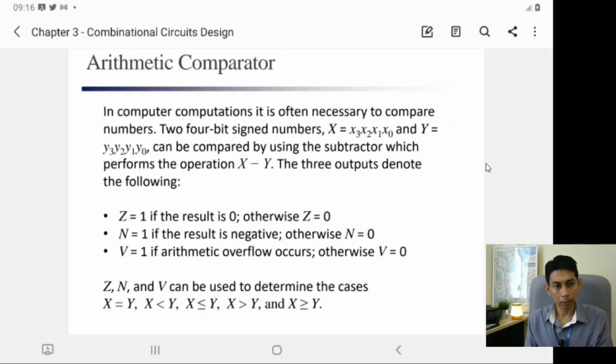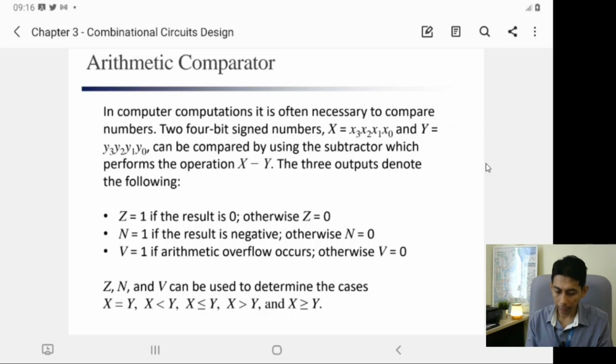Alright. So to compare positive and negative numbers, what is used in computers is actually the arithmetic comparator. So what is an arithmetic comparator? We need to understand how to compare the numbers. The best way to compare numbers is by using subtract.